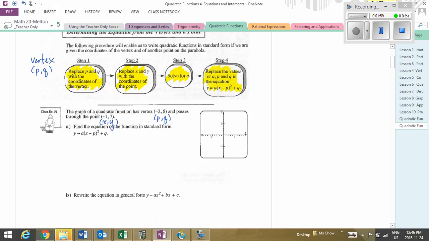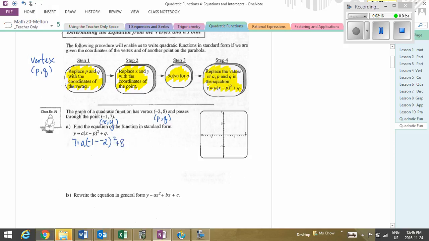So y is 7, a we don't know, x in this case is -1 minus -2, all squared, plus q, so plus 8.